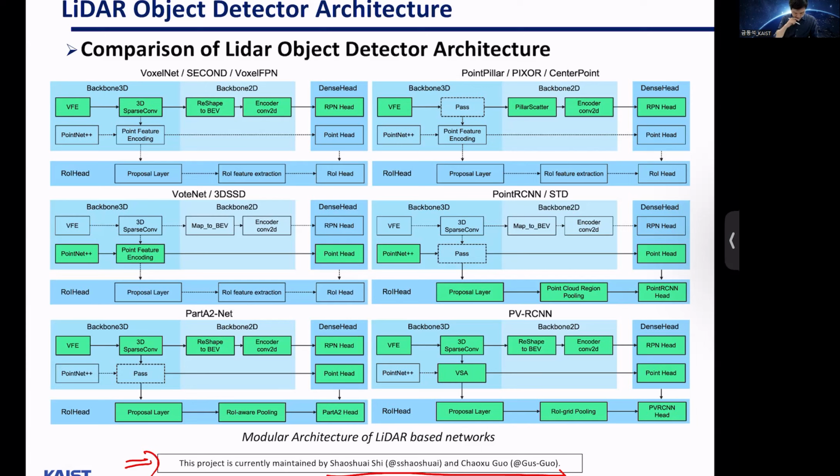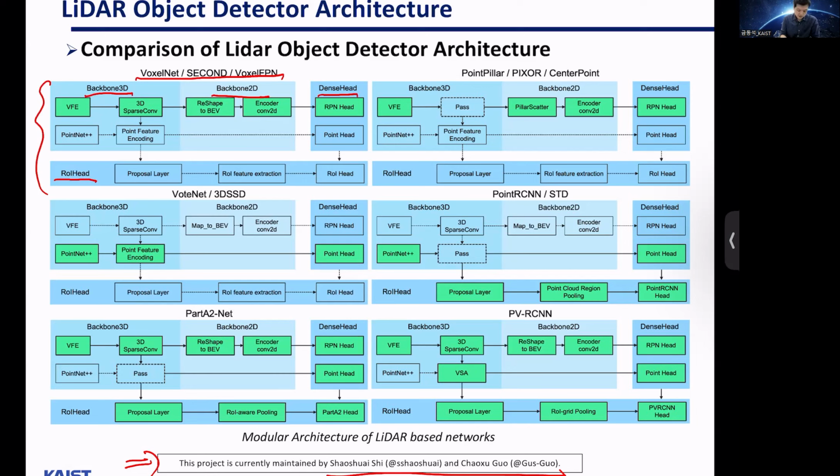So for instance, here's the VoxelNet SECOND architecture, and the general unified architecture includes 3D backbone, 2D backbone, and then ROI head and dense head.